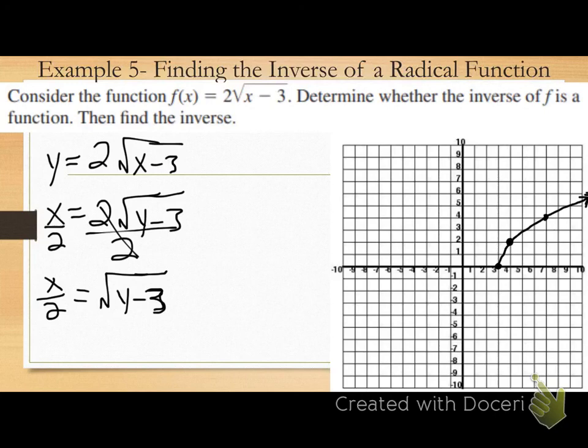Can someone raise your hand and give me my next step? Square both sides to get rid of that radical. Remember, when I have a quotient squared, I just square the numerator, square the denominator. So x to the second power would be x squared. 2 squared would give me 4, which equals y minus 3.